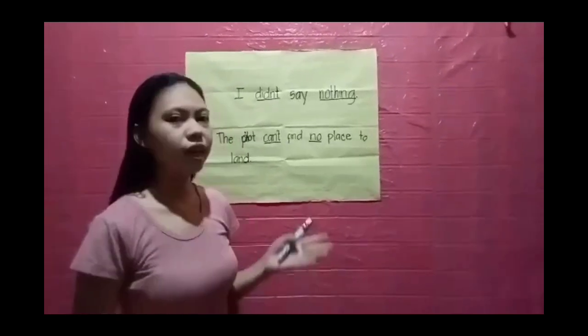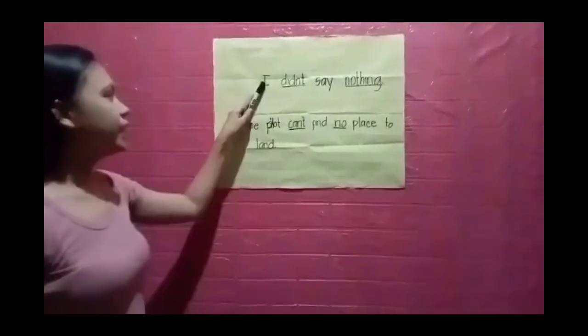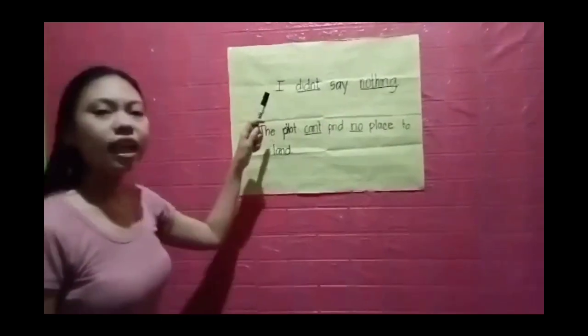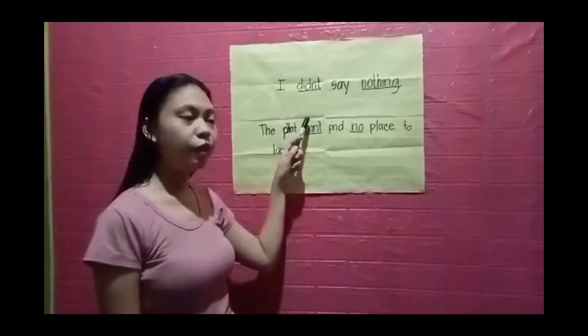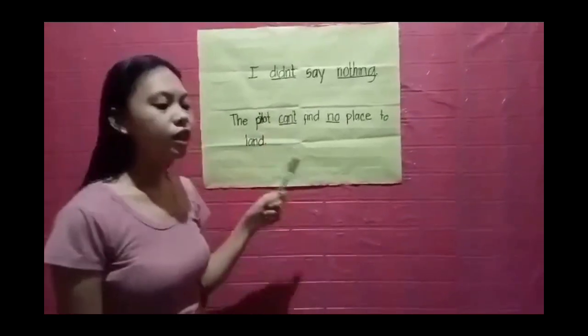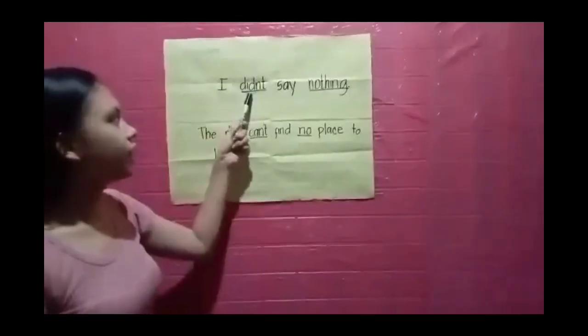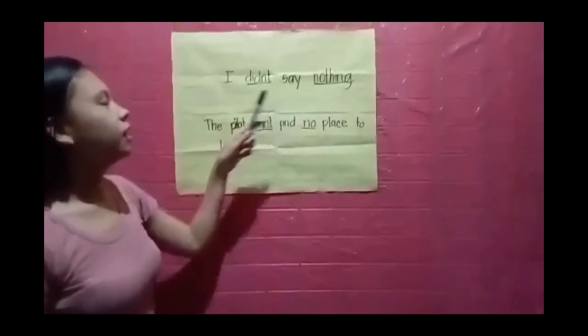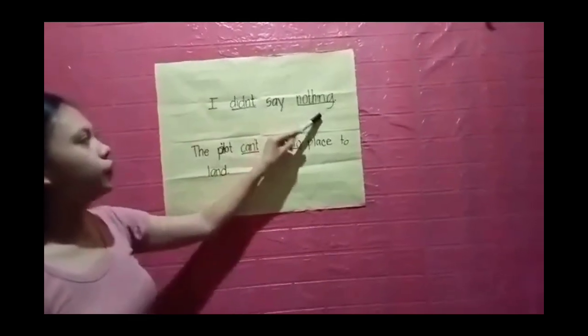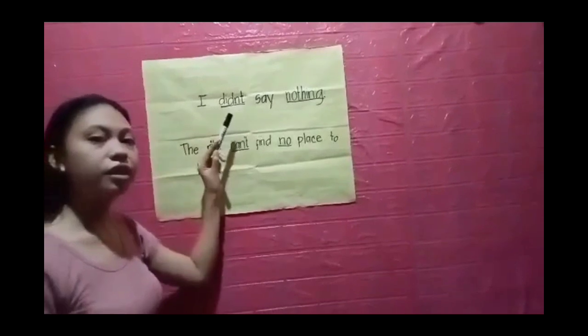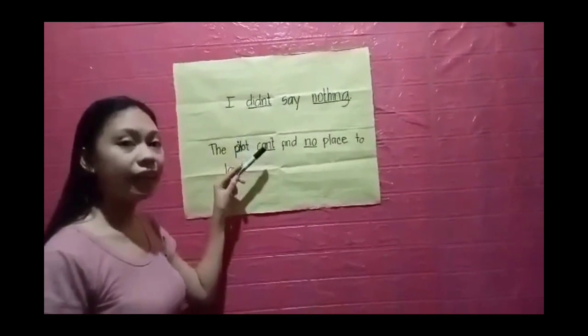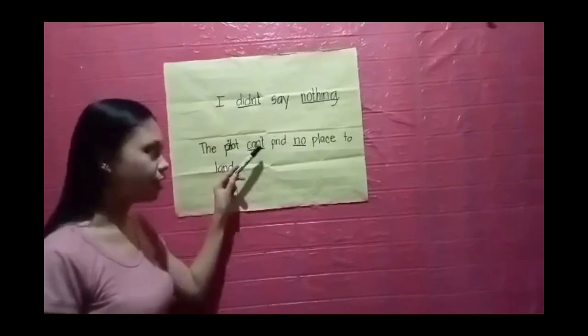Here is an example: I didn't say nothing. It is a double negative because it combines two forms of negative, which are didn't and nothing. These two negative words are used in the sentence to create a negative statement.